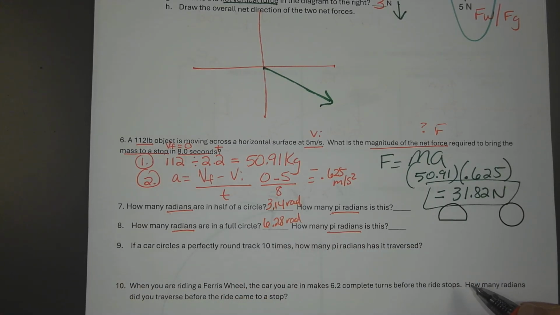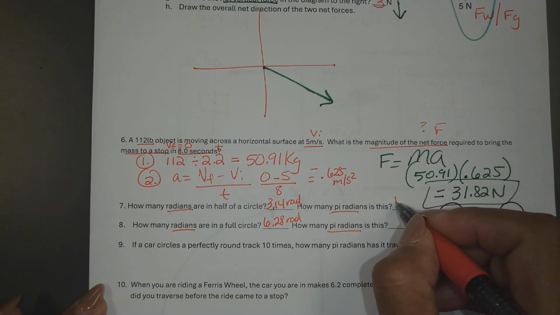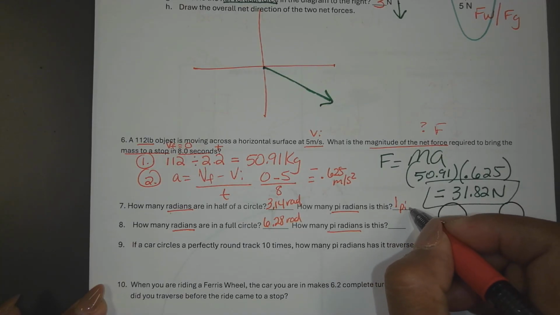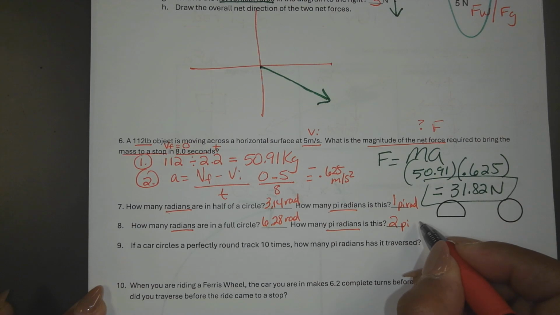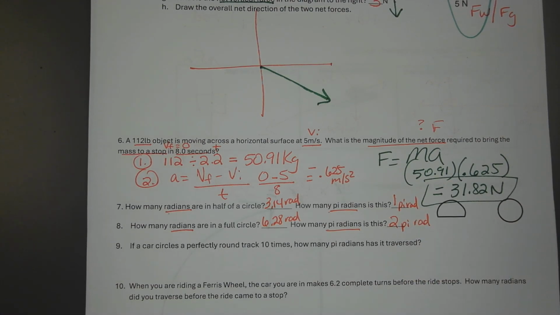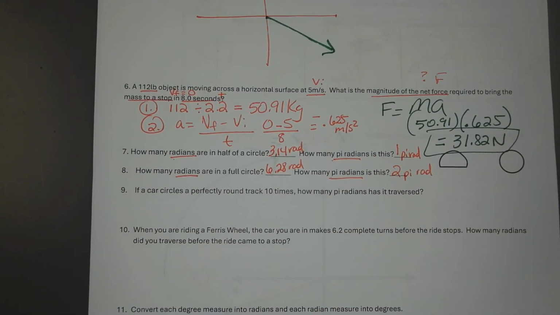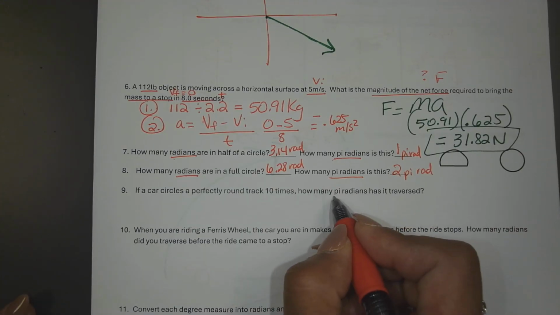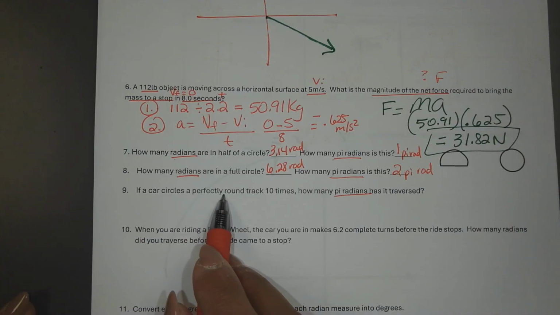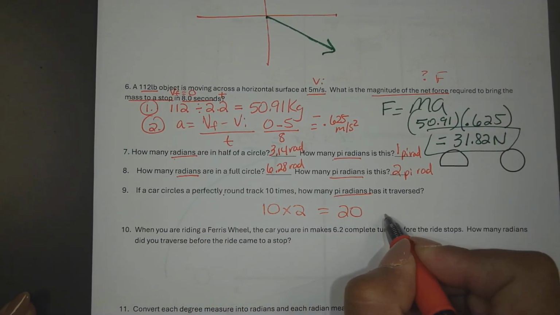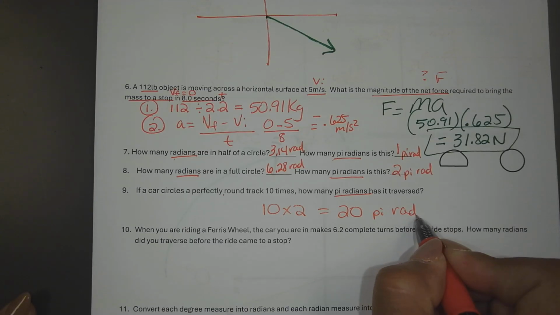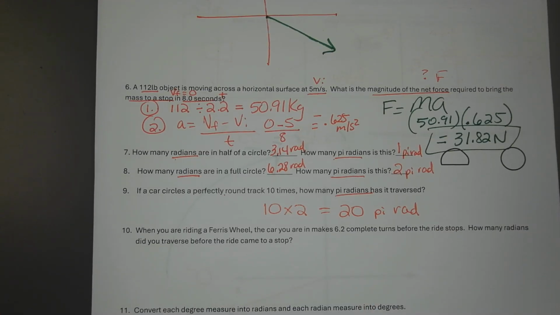In a half a circle, there are 1 pi rad, and in a full circle, there are 2 pi rad. Okay? Then the next question says, well, if you rotate 10 times, how many pi rads are in 10 rotations? Or 10 times 2 equals 20 pi rad. There you go.